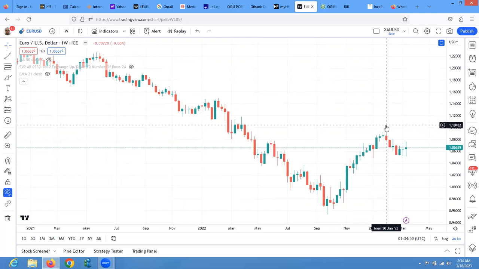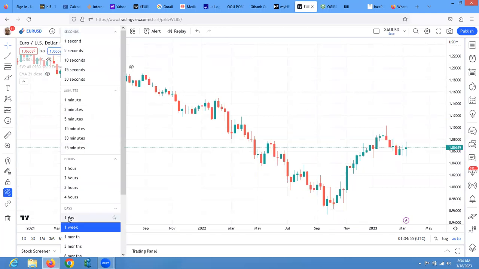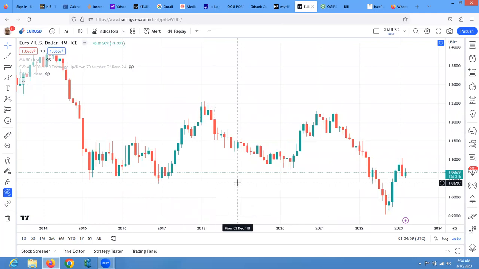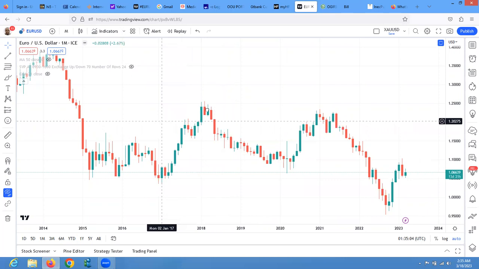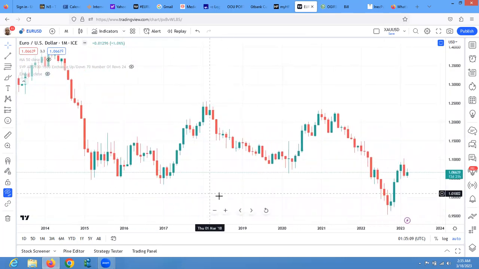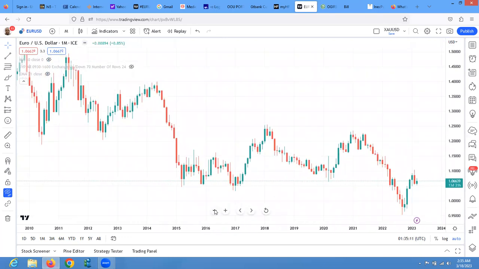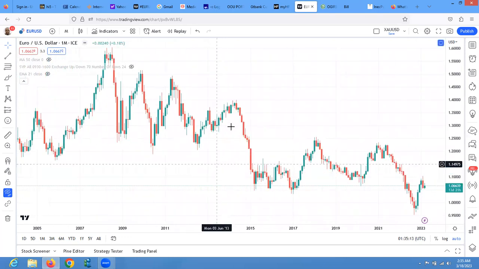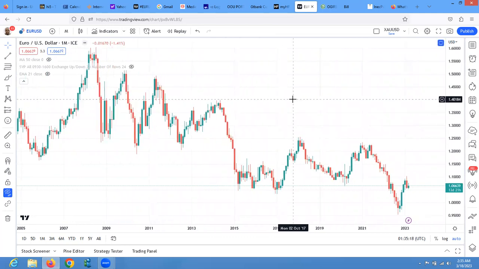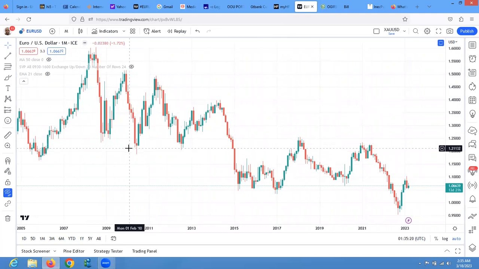Now, and one more thing, if I go on the monthly time frame, I want us to see something on the monthly time frame so that we understand what most likely we are seeing. So on the monthly time frame, this is what most likely we are seeing. This is like 1 and a 2.